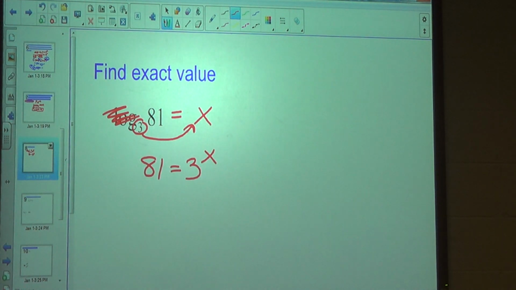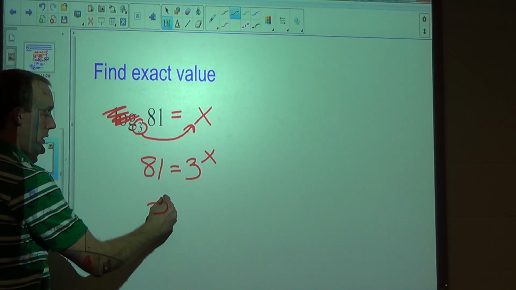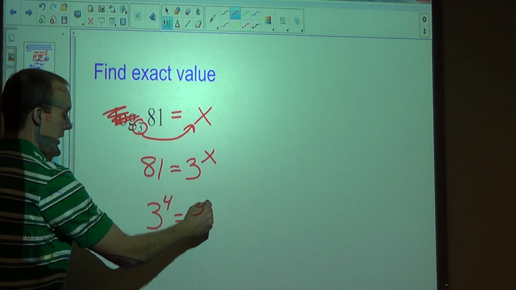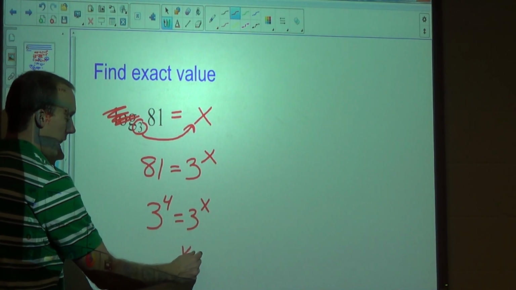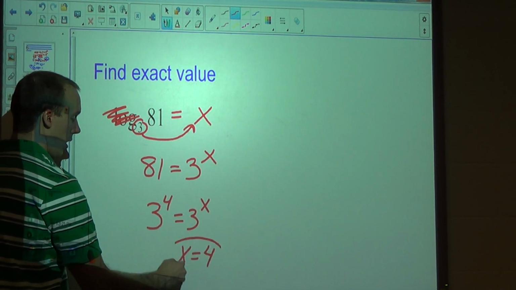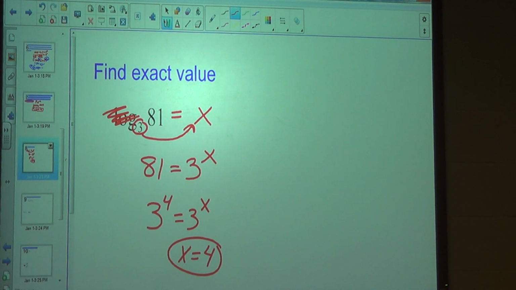Same base. So what's 81 turn into? 3 to the 4th equals 3 to the x. So what's my answer? 4. Question on that one?